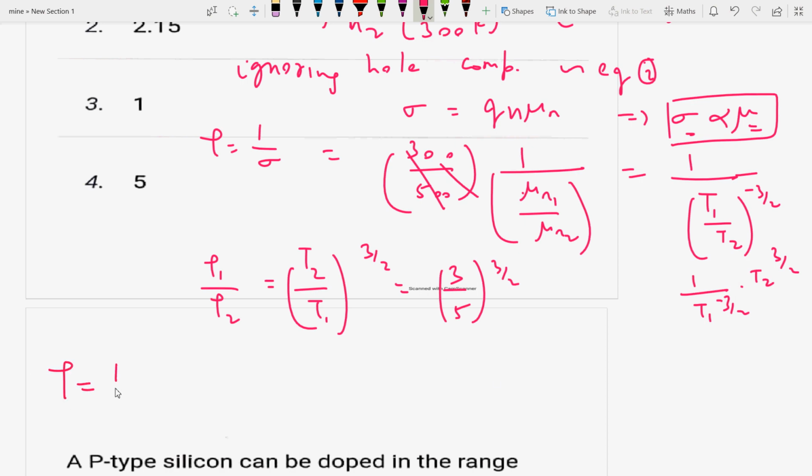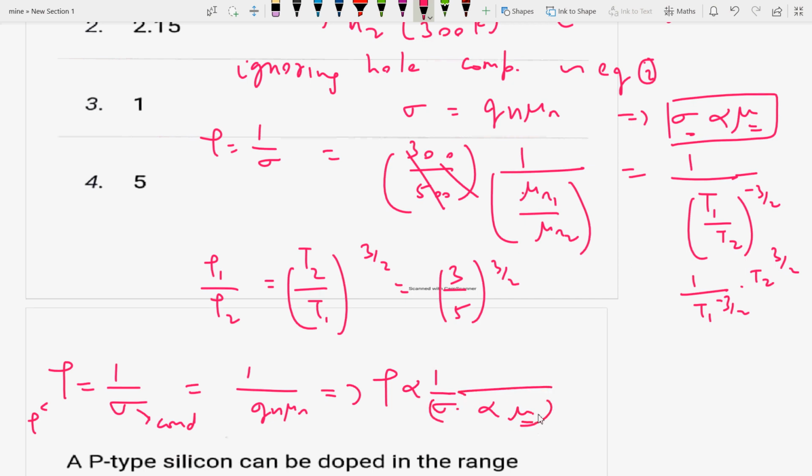Simply, the resistivity is the reciprocal of the conductivity. This is your conductivity and this is your resistivity, and 1 upon sigma is 1 upon q n mu n. So that means resistivity is inversely proportional to the conductivity, which means the conductivity is directly proportional to the mobility, and you know that mu is proportional to T to the power minus 3 by 2.